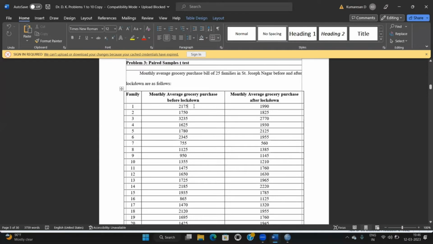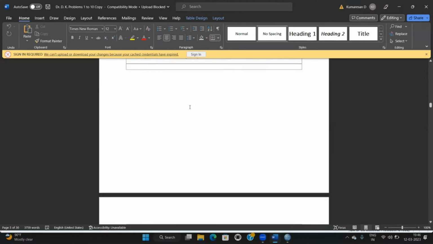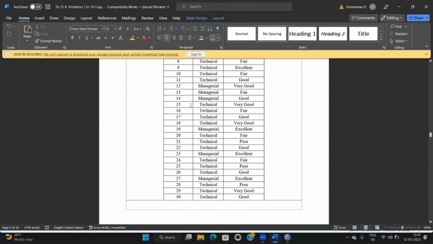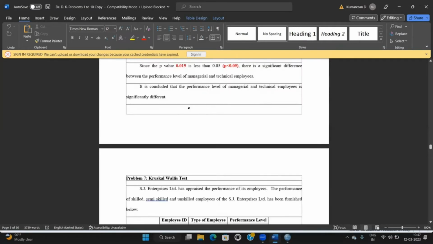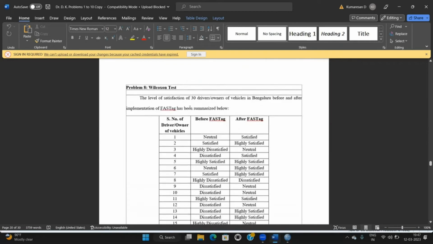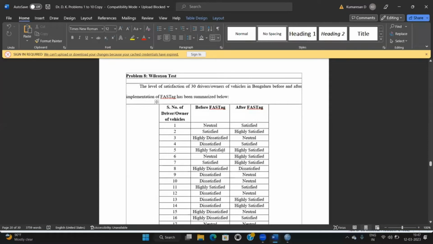But the data was given as scale data. Real values were given. But here, what is the similarity? There is only one sample. What is the difference? The data is given as ordinal: highly satisfied, satisfied, neutral, dissatisfied, and highly dissatisfied.